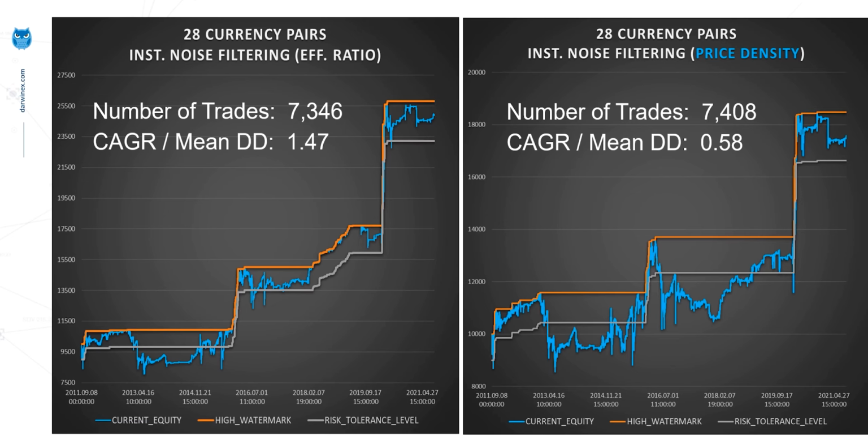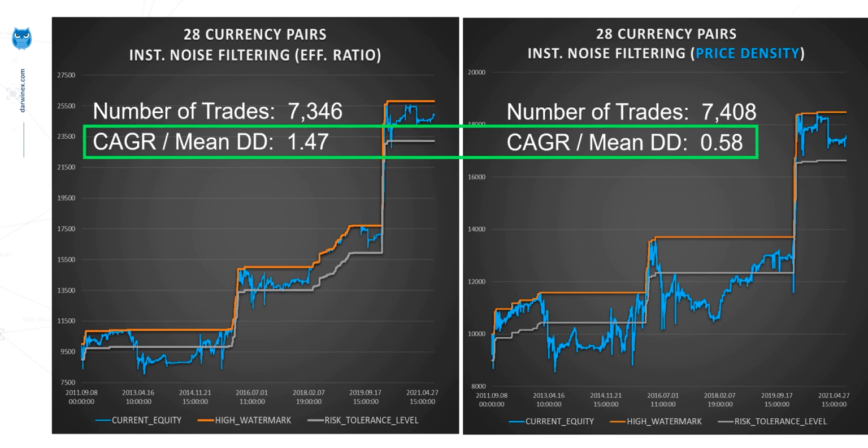And the reason I've done it that way is so that we can have a fair comparison between these two different methods. Because if either one or the other of these techniques was filtering out far more trades than the other, it wouldn't be a valid comparison. So look at the difference in the performance metric here.